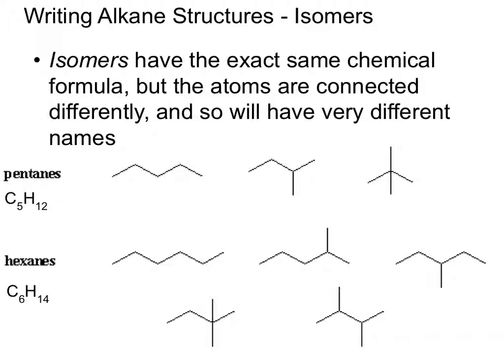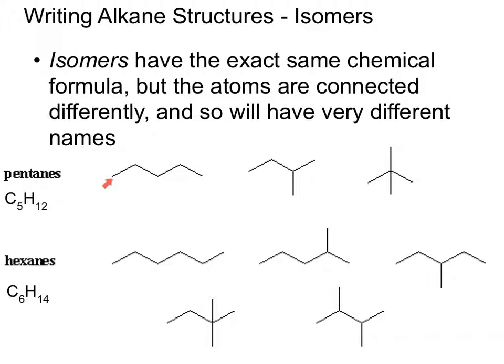You can see in each case we have 1, 2, 3, 4, 5 carbon atoms. And if you count up the hydrogens, you will see that in each case there are also 12.